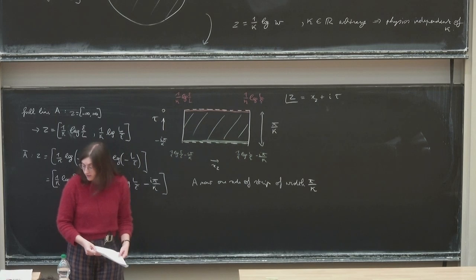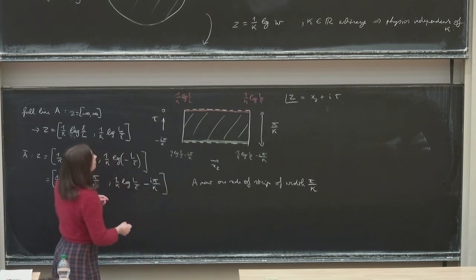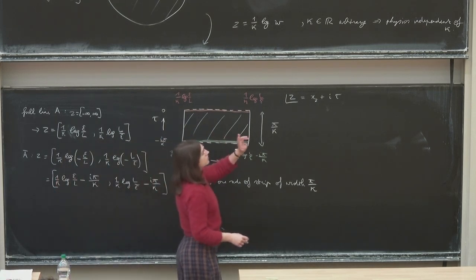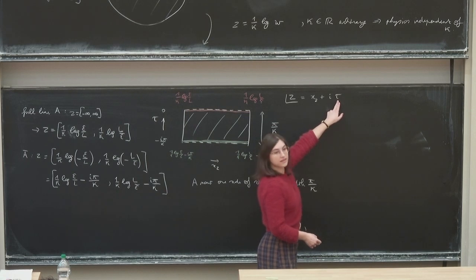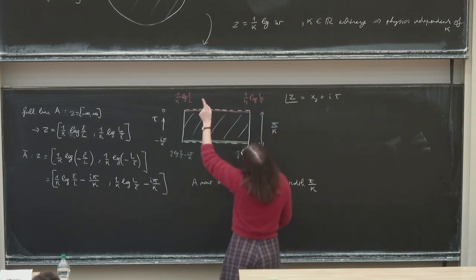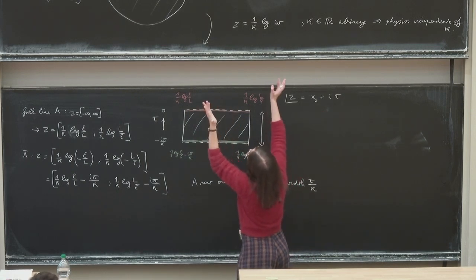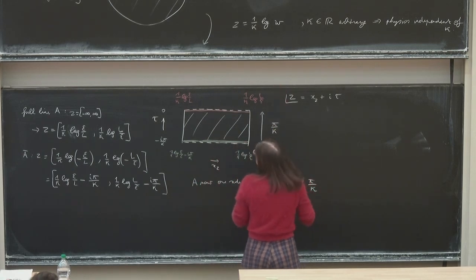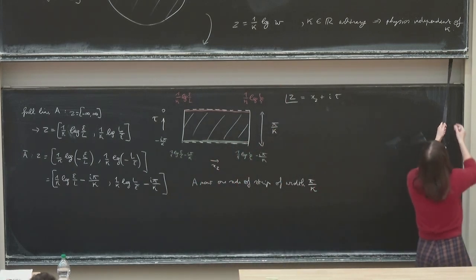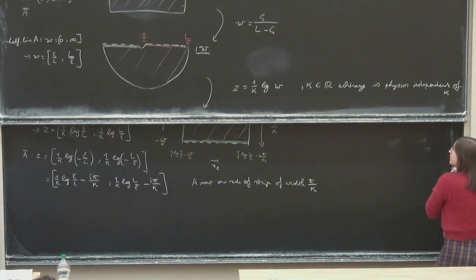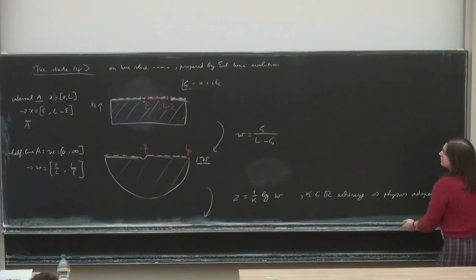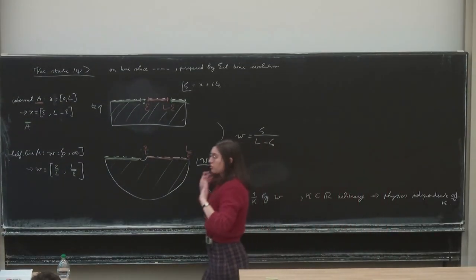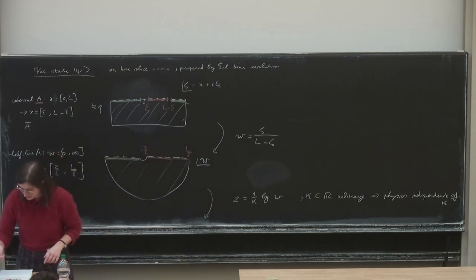Now, let me add in these pictures, because I've introduced two different Euclidean times. I have the z time tau, and I have the zeta time t sub e. Let me draw those directions a bit more explicitly in some color, to remember where each Euclidean time is in this story.